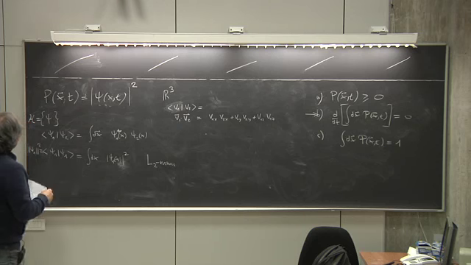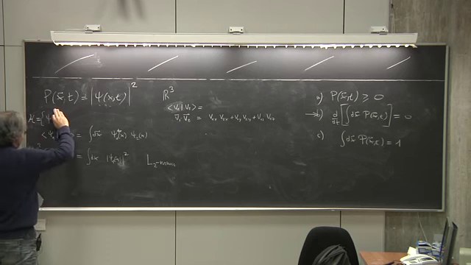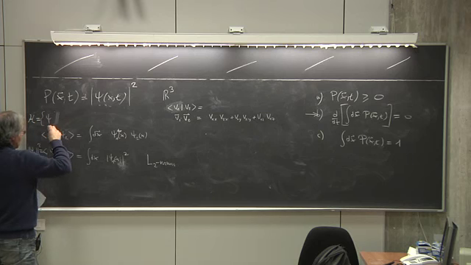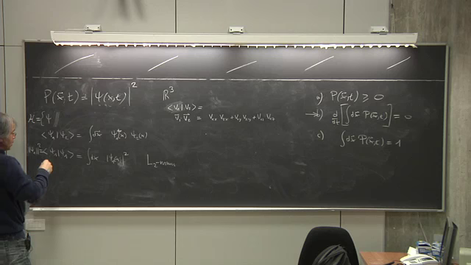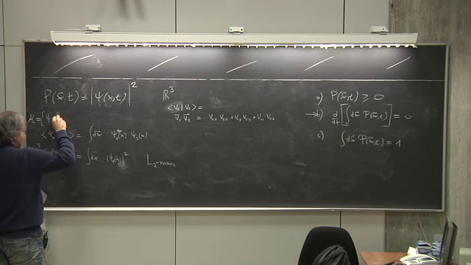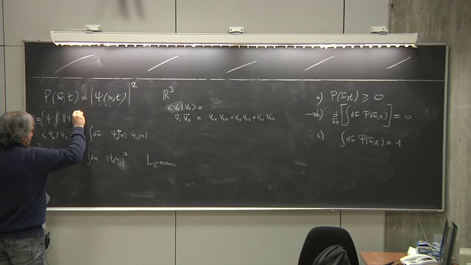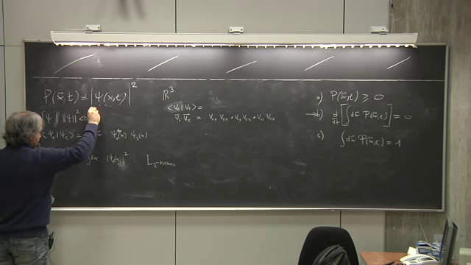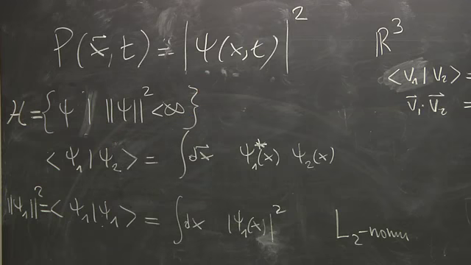Now, to be honest, you have to specify that H is the space of all psi with the usual rules of the linear spaces, and such that the norm of psi is finite. So they are normalizable.